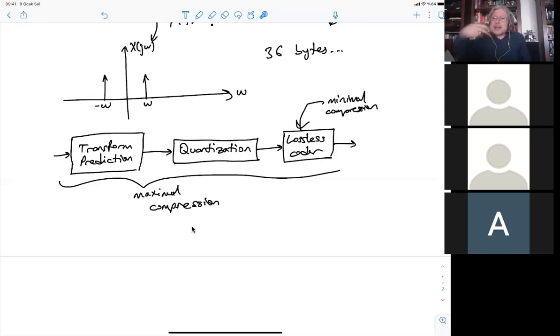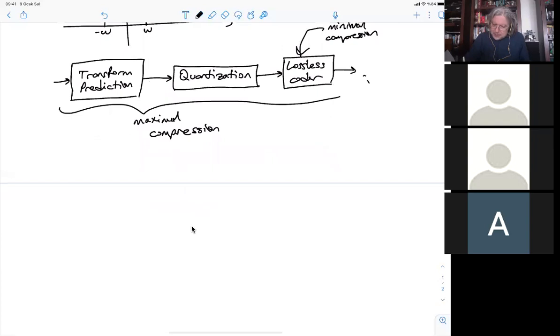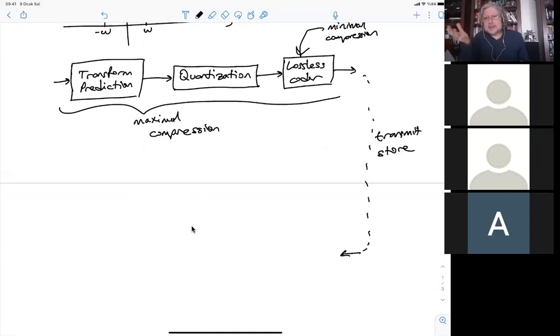Transform, for example, may include the quantization itself, or the prediction may include the quantization itself, and it usually does, by the way. So the quantizer part, if there is a quantizer part, it is usually incorporated throughout the transformation or the prediction part. So they are not very much separated and as individual as I draw here. And then, of course, we either transmit or store the encoded bit stream.